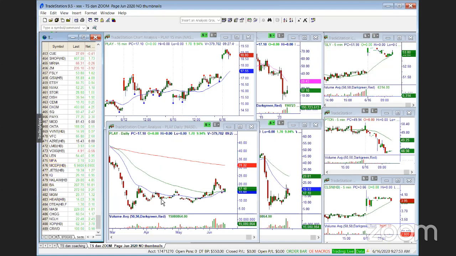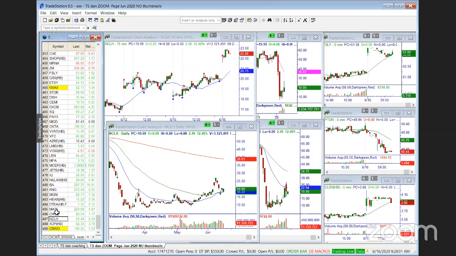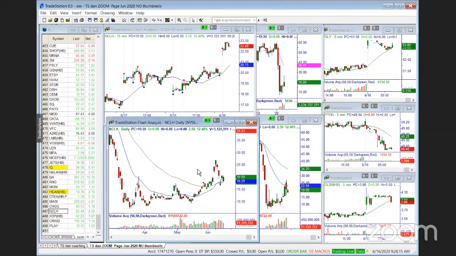And I've noticed that also pre-market. We had NCLH as a pending long. It just barely did not trigger yesterday. It was over Friday's high, so we're not getting the benefit of this huge 10% plus gap up, unfortunately.